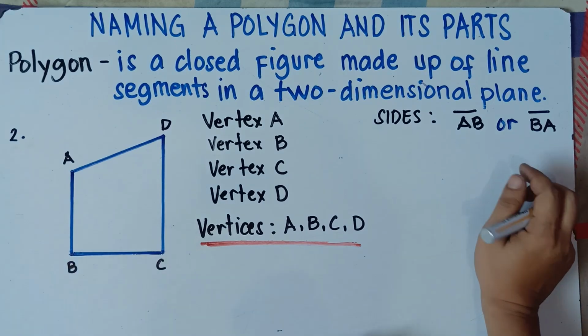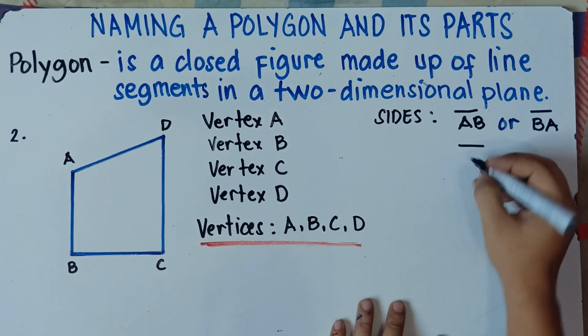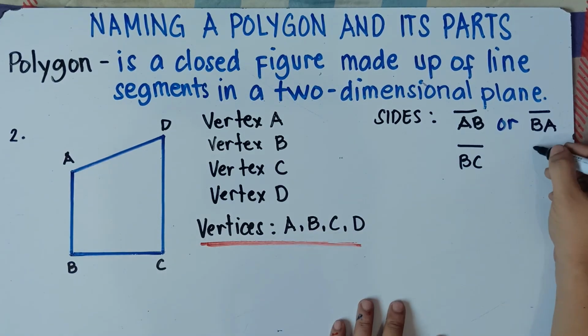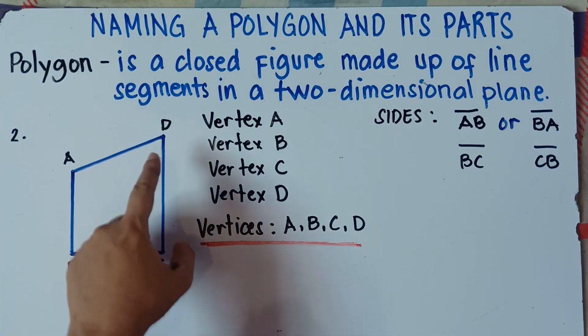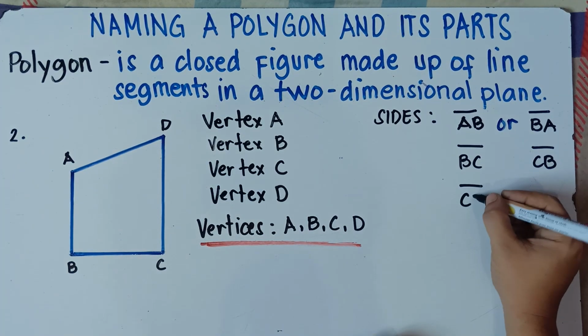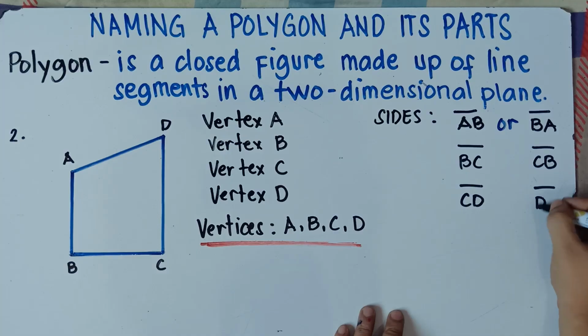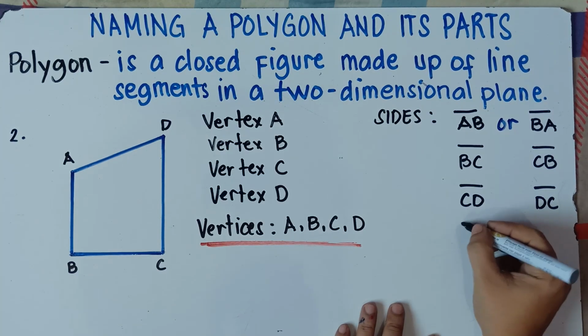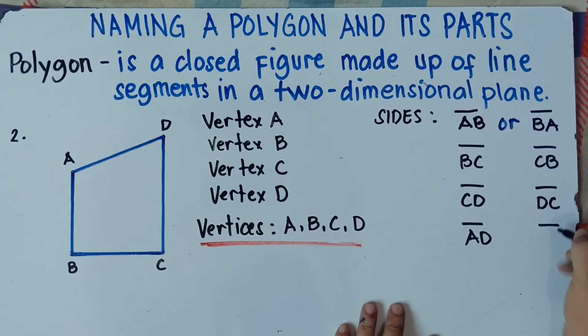That's actually the same. Then we have line segment BC, or CB. Line segment CD, or DC, and then line segment AD, or line segment DA.